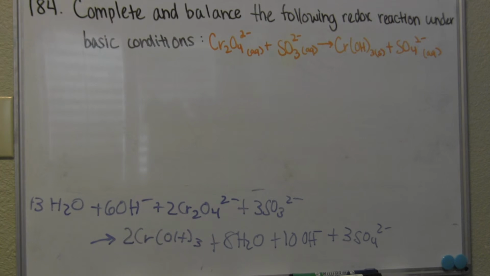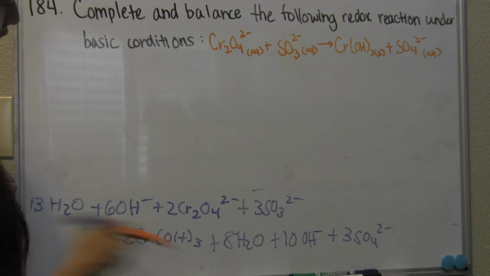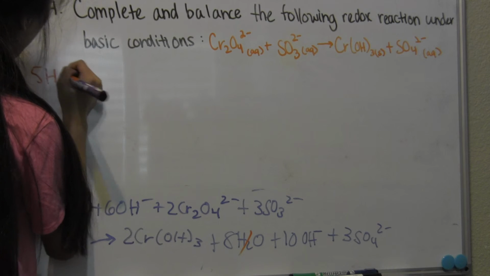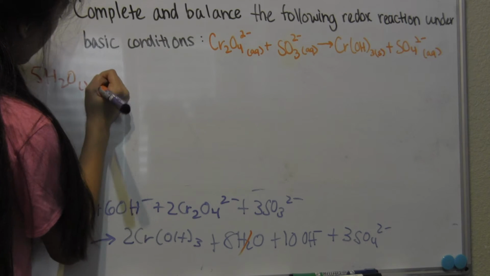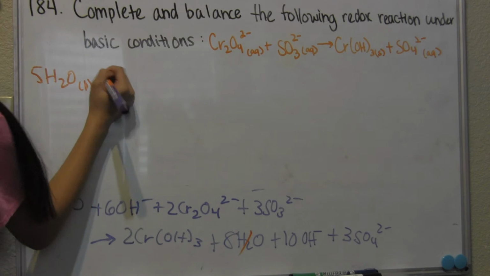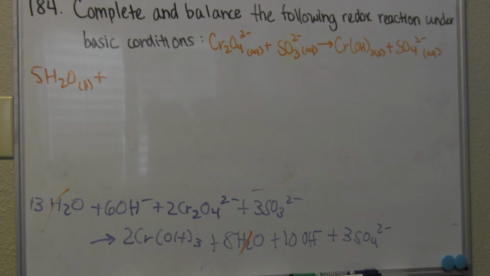And from there, we have the final product, which will be 13 H2O, and then you have an 8 H2O on the product side. So those will cross out and it'll be on the reactant side. So you have 5 H2O liquid plus, so you have a 6 OH and a 10 OH, so then the 4 OH would be on the other side.